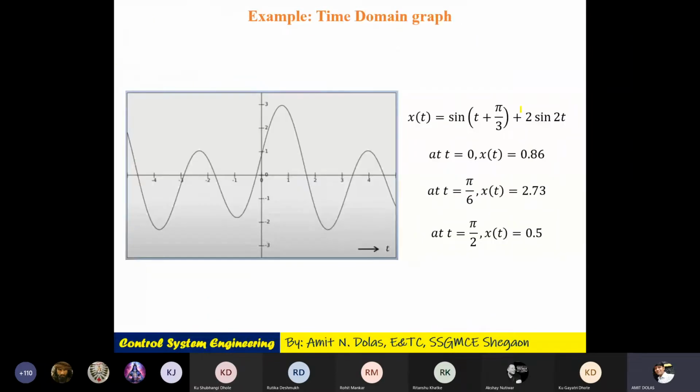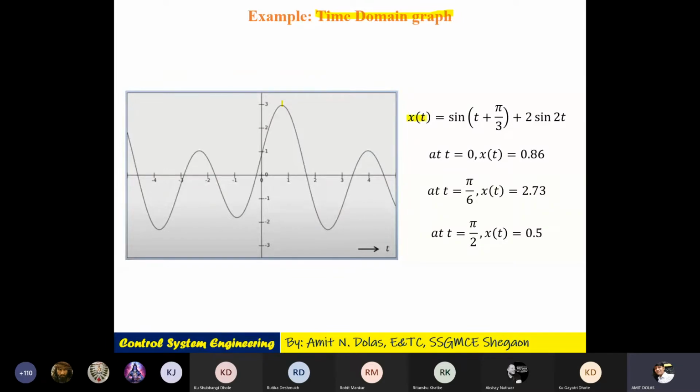So here is an example of a time domain graph. Of course, as I mentioned, you are getting the amplitude at each instant t. So what is this signal?